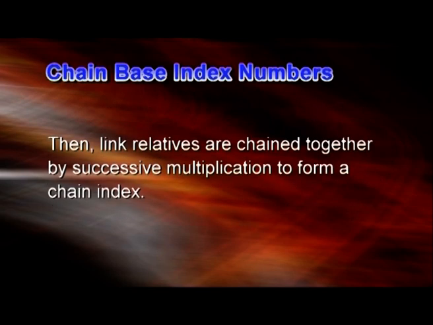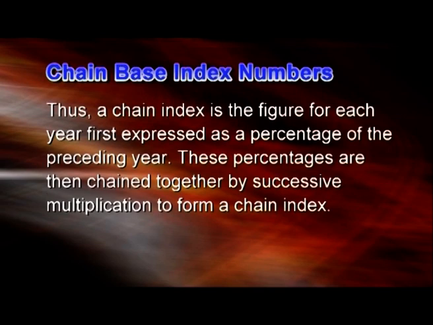Then, link relatives are chained together by successive multiplication to form a chain index. Thus, a chain index is a figure for each year first expressed as a percentage of the preceding year. These percentages are then chained together by successive multiplication to form a chain index.